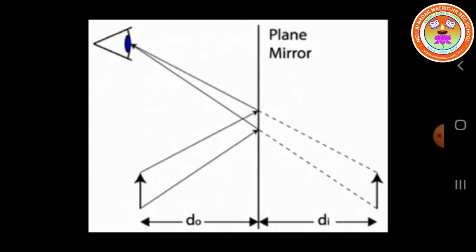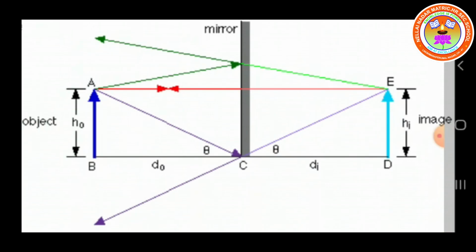Next, let me pass on to plane mirror and reflection. A polished or smooth surface like glass which forms an image by reflection is known as a mirror. A plane mirror is a mirror with a flat reflective surface. A plane mirror makes an image of an object in front of it.